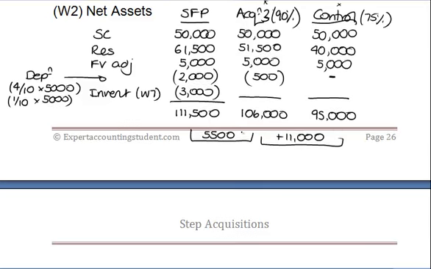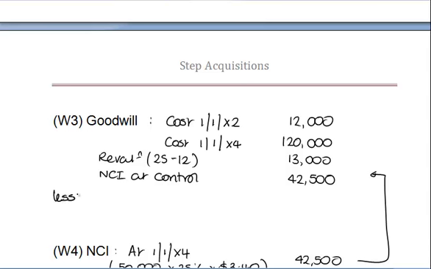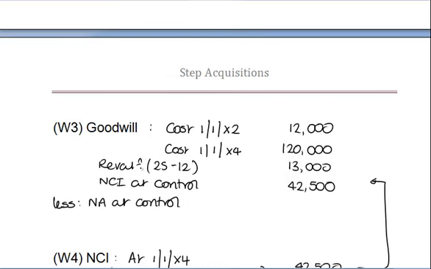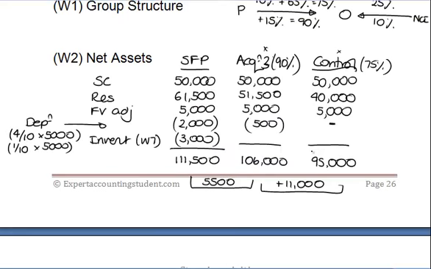Once we've done that, we're now in a position to determine goodwill. What we've got to do, we need to deduct the net assets at the control date. Now the control date is this one here. We've established this is when we had a majority stake in AL.